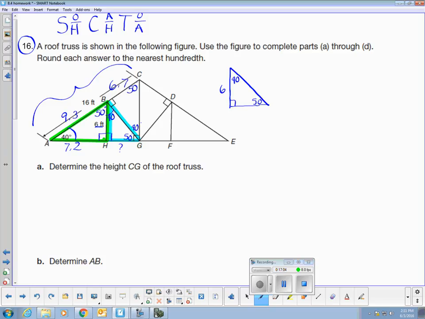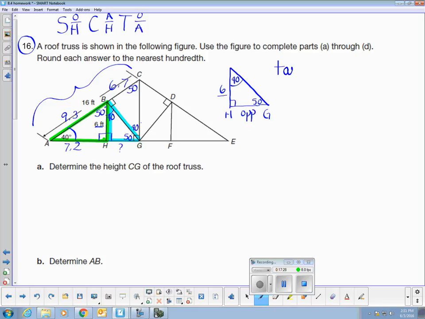So we can begin by finding the distance from H to G, and I really have an option here using either the 50-degree angle or the 40-degree angle. Doesn't matter which one, I'm going to select my 40-degree angle, and I'm looking for the side that's opposite, and I do know the side that's adjacent.